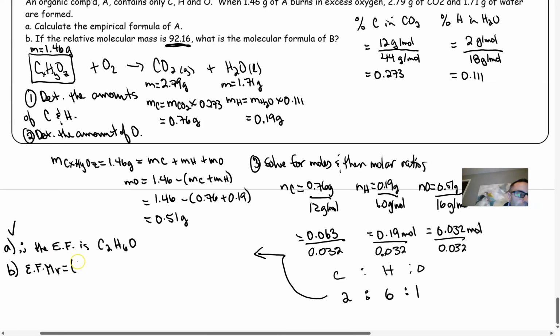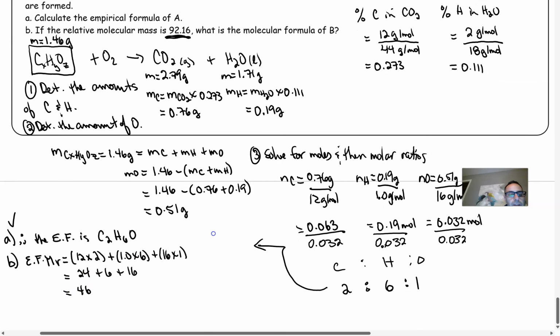So we've got 12 grams per mole for the carbon times 2 plus 1 gram per mole times 6 for the hydrogen, and then 16 grams per mole times 1 for the oxygen. So 24 plus 6 plus 16, and that's going to give us 46.